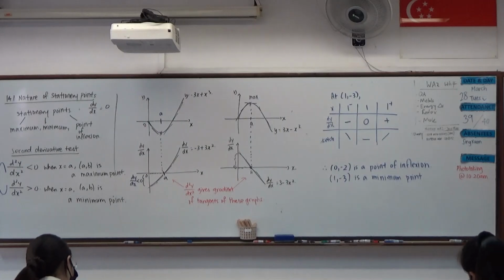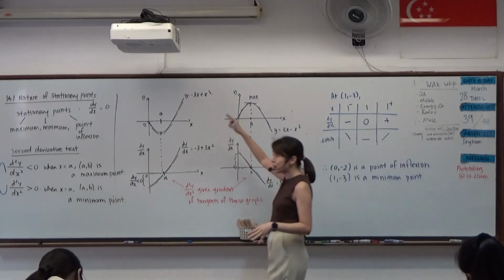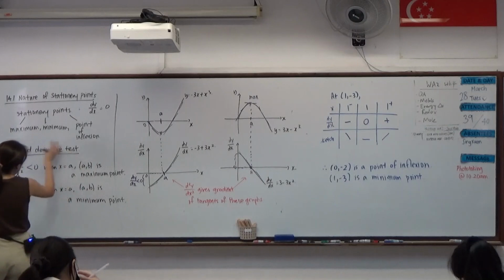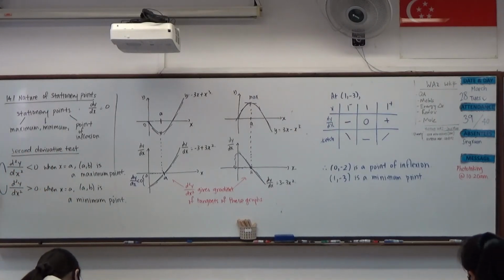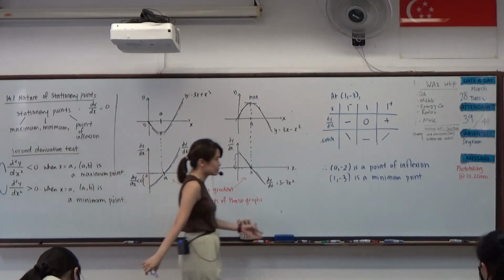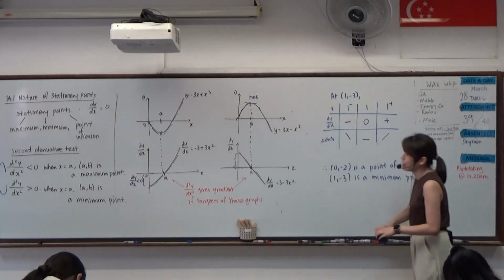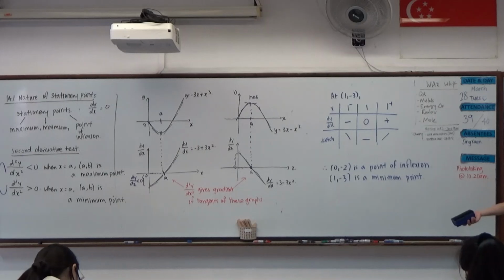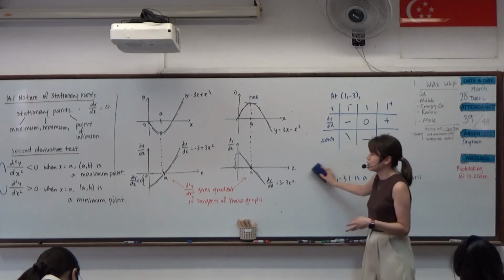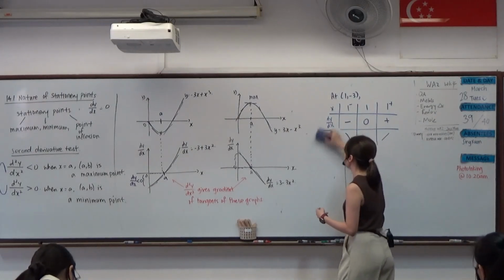Questions? So what I'm doing over here is explaining to you why we have our second derivative test in this manner. Of course, it is not necessary for you to know how to explain it, but I feel that you should know the explanation rather than just knowing how to apply it.